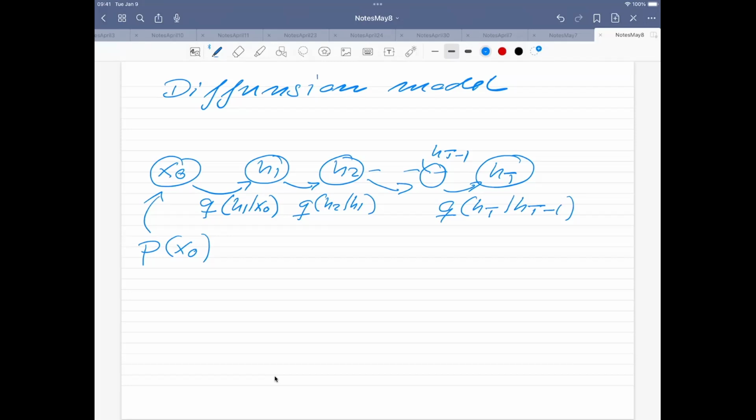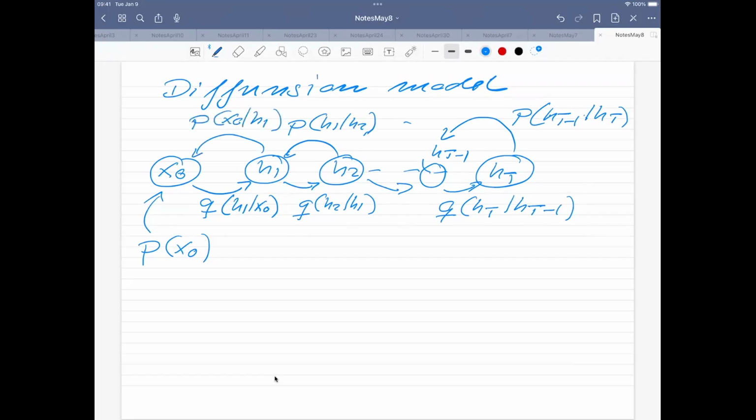Then, from that one, we are going to reconstruct a new probability, which is going to be a conditional probability, which is now a function of H of T minus 1 given H of T. And this continues all the way till we reach the final one. So we would have a P of H1 given H2. And finally, we get a P of X0 given H1, which is then used.